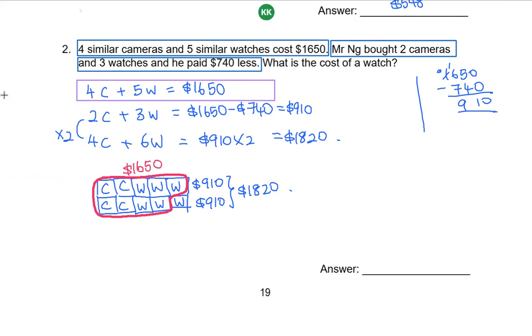And if I know the total is 1820, and 4 cameras and 5 watches cost 1650, can I find the cost of 1 watch? I can. I simply have to take away: 1 watch is equal to 1820 take away 1650, and do some working.